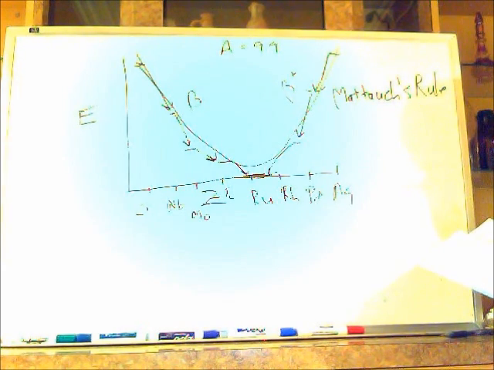Or you can be even-even, and if you're even, you can have one stable configuration, or two stable configurations, or three stable ones.